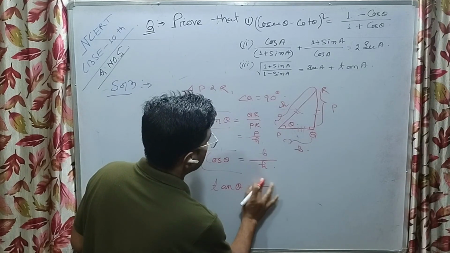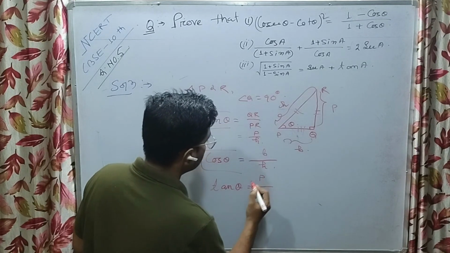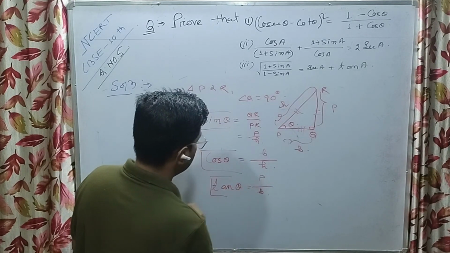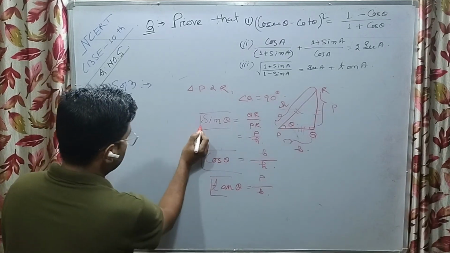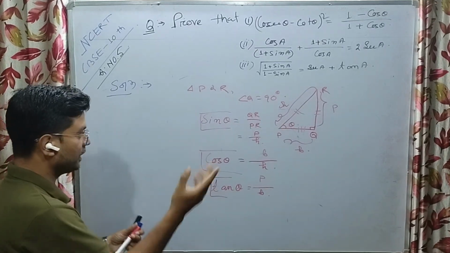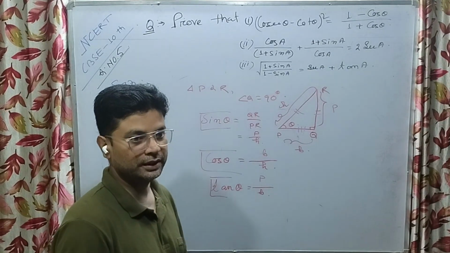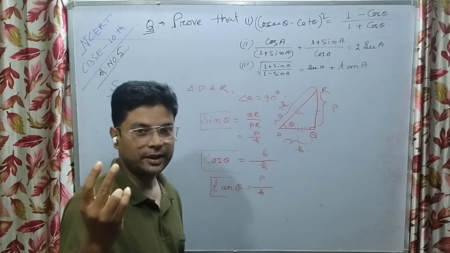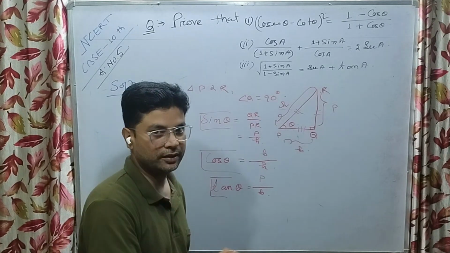Perpendicular by base, P by B. This is tan theta. Okay, students, from here you can obtain other three trigonometric ratios. That is cosec theta, sec theta, and third one is cot theta.